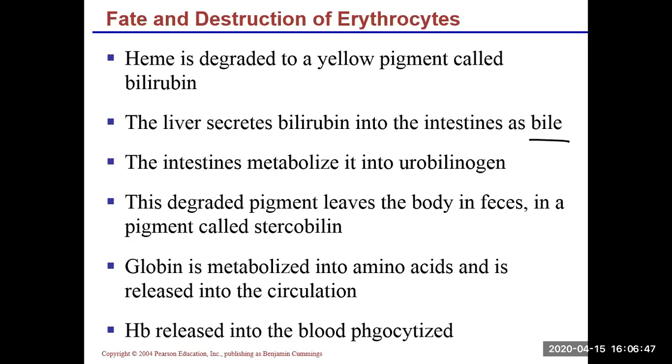Now, we wanted to take a look at what happens to the globin and the rest of the story. The globin is metabolized and broken down into amino acids. As you know, amino acids can be absorbed into the circulation. They could go different places. Our cells can use these amino acids for making their own protein. Our enzymes are made out of protein, antibodies are made out of protein.